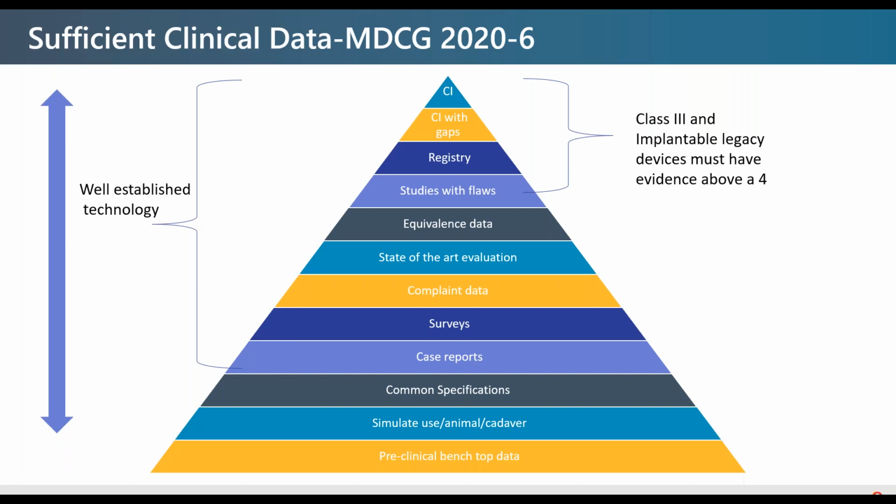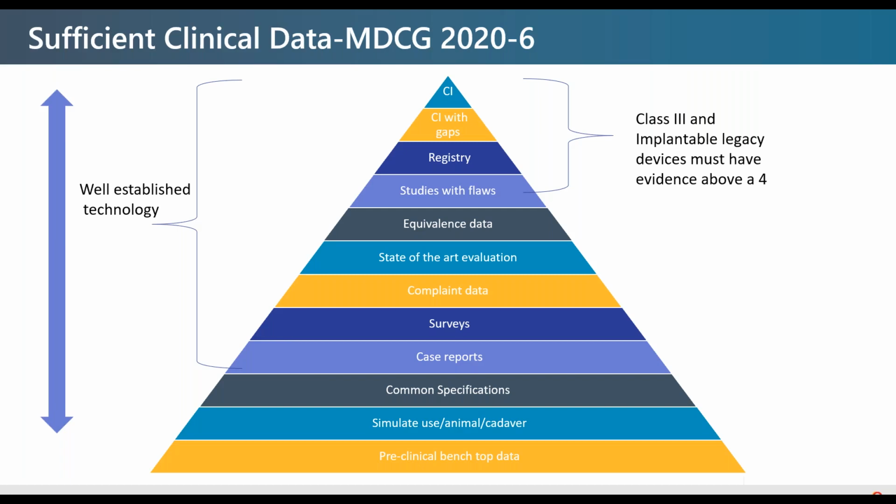So really one of the things that I wanted to point out on this is, again, this is a judgment call, and this is by looking at pieces of the puzzle. You know, if you did a clinical investigation, you're generally going to have preclinical benchtop data. You might have some simulated use in animal and cadaver data, and you might have common specifications. If you've already been launched in another geography, you might have that complaint data.